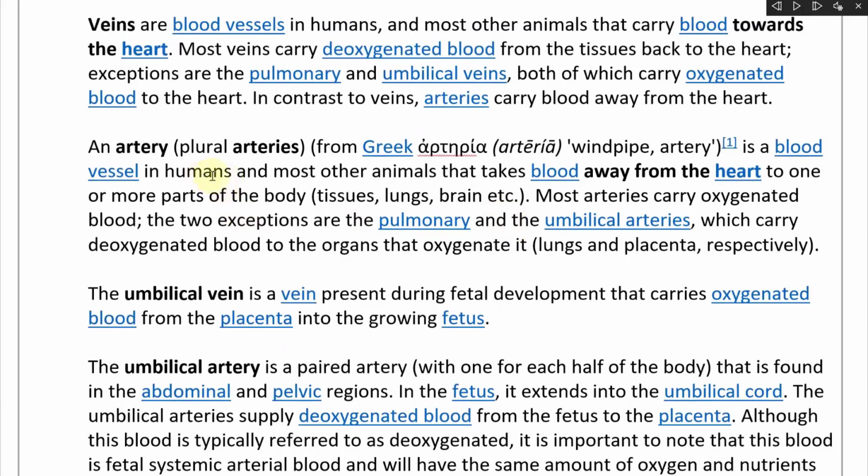So basically the arteries take blood away from the heart, and in most cases to the body, it's oxygenated blood that comes from the lungs. But if you're sending blood to the lungs, that's deoxygenated blood.